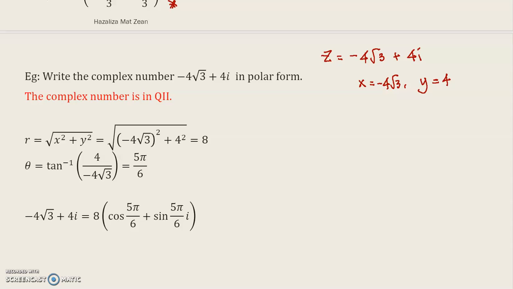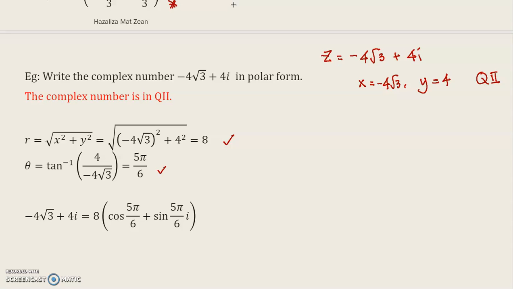That means the complex number is in quadrant 2, so we have to make sure that theta is in quadrant 2. We find r using the formula, x squared plus y squared, and find the square root of that. Then theta is arctangent of this one.